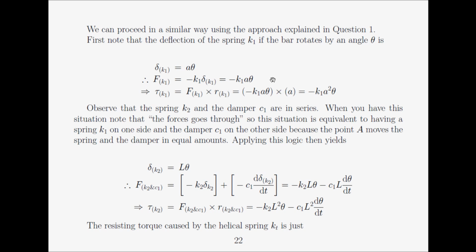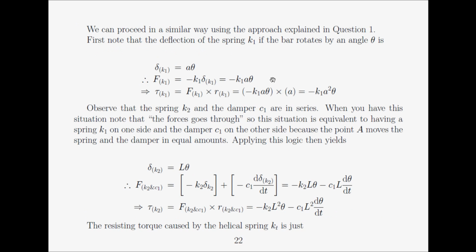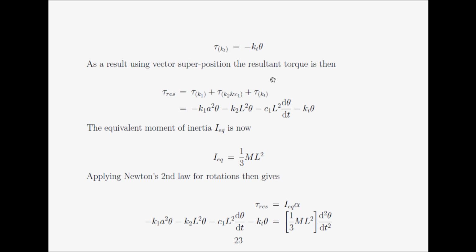Then, for the resisting torque due to the helical spring, the KT at the point of pivoting, the generic equation is the torque is minus the spring constant times the angle, and this particular equation is valid for helical springs.